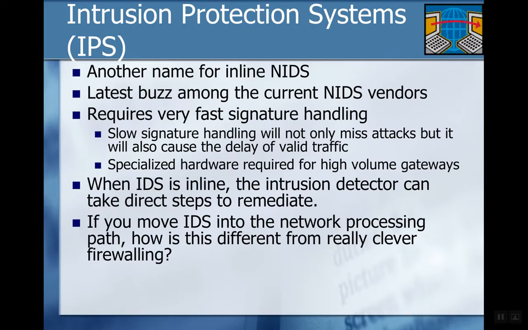Intrusion protection is kind of a new thing. Once again, it's not just detecting it, but actually taking some sort of action on the other side: disconnecting, routing information, doing different kinds of things.